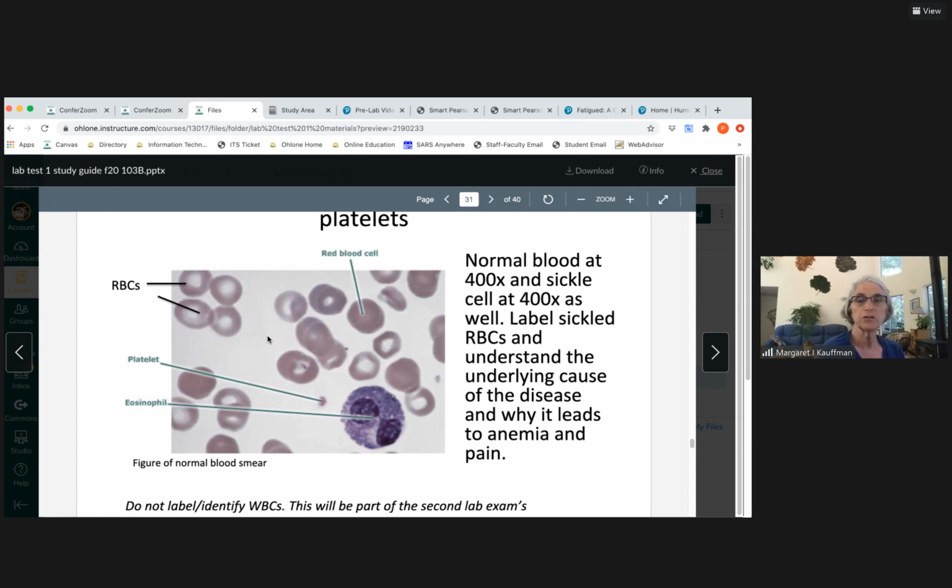But given what we're talking about today, remember in the spleen, the bone marrow, and the liver, there are macrophages looking for old and worn out red blood cells. Well, how they tell that they're old and worn out is that their membranes start to break down and they get abnormal shapes.